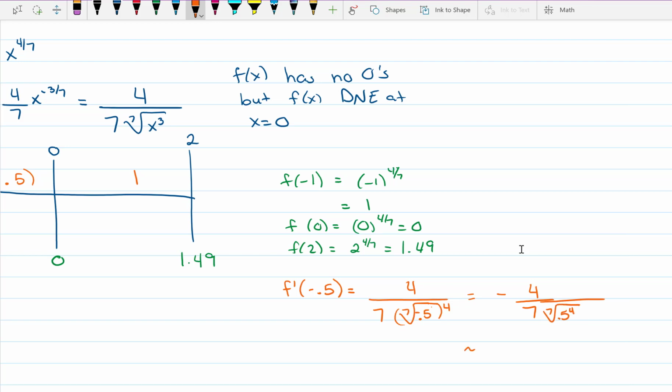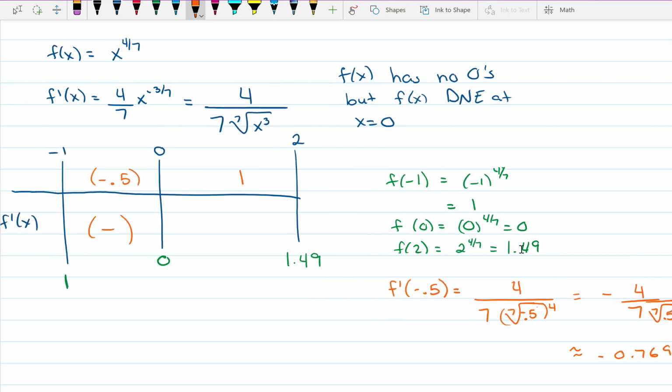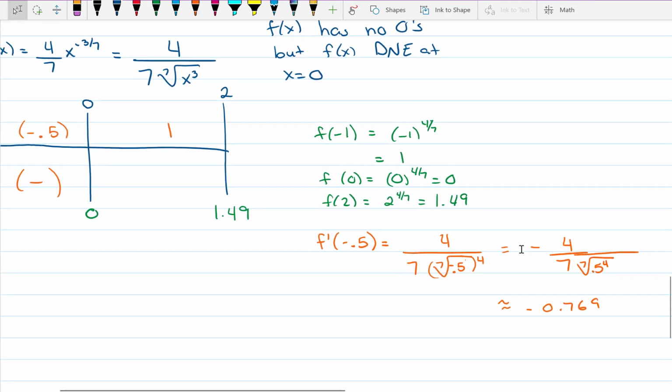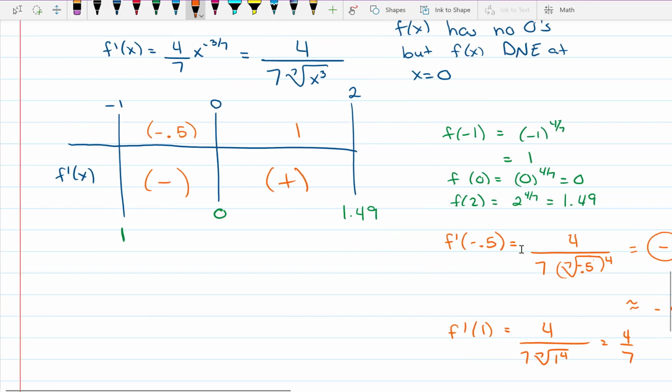And this you just plug into a calculator and you get -0.769. So right here it's negative. Really, we didn't even need to evaluate it. We just need to look at that negative right there. And then f prime of 1, which is 4 divided by 7, the 7th root of 1 to the 4th, which is 4/7. So it's positive. So we know that this thing is going to go down and then back up.